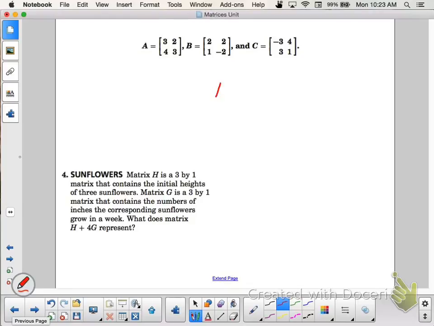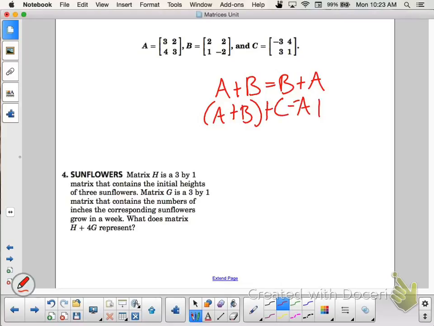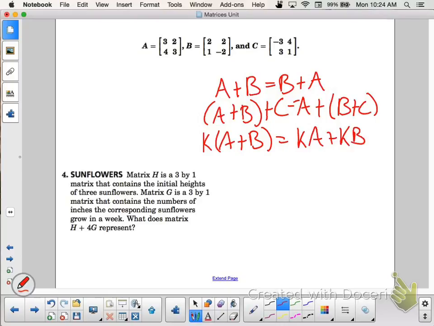So these properties hold true for matrices.